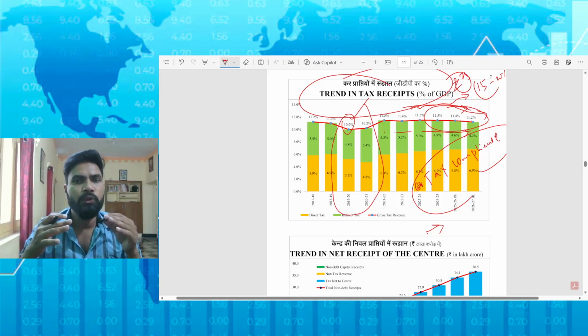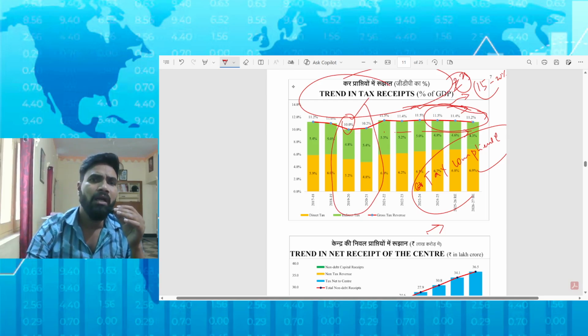They choose to avoid the tax rather than complying and paying it. So I think the tax compliance has to be improved a lot in our country. If we are able to address this, I think we can solve the problem of low tax collection as a percentage of GDP.